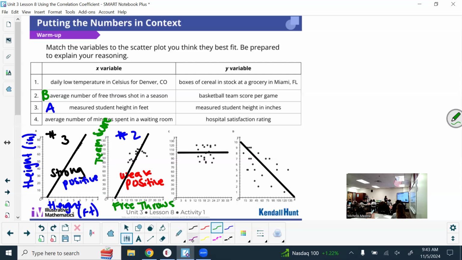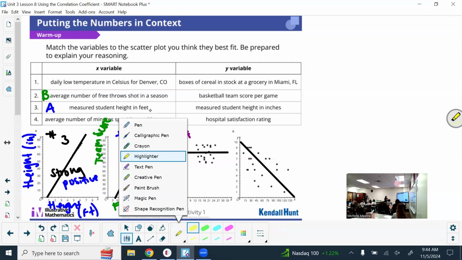All right, C going with number 4. So the one that has no relationship, you're saying that the X should be the minutes spent in a waiting room. Okay, maybe number 1. So we're changing our answer now. Okay, that's fine.